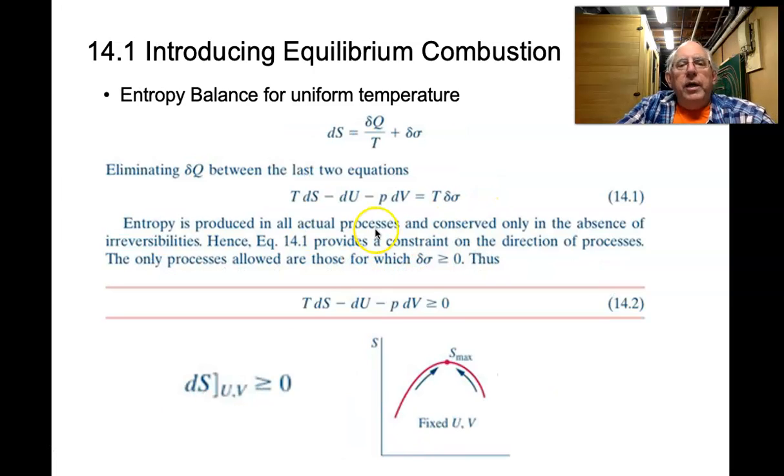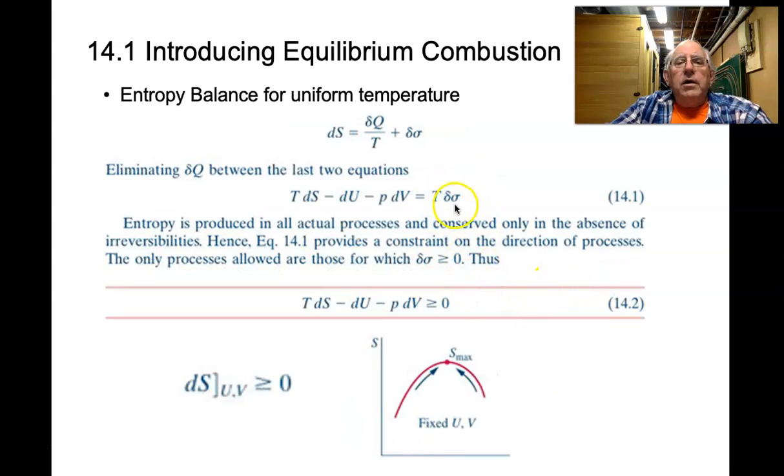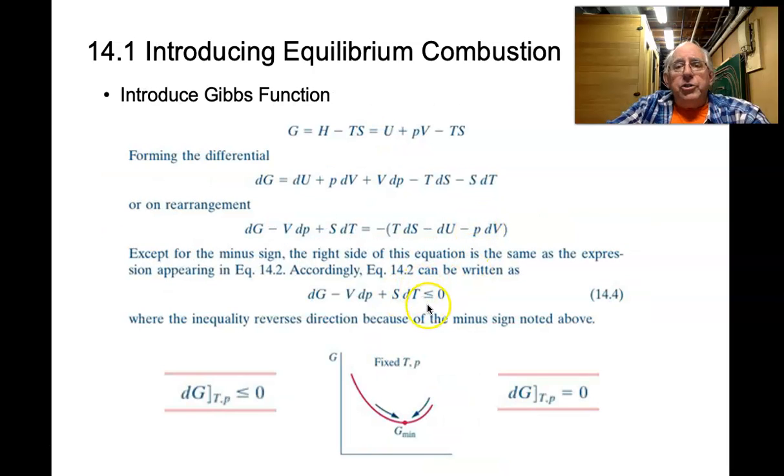And upon doing the similar relationship that we had with 14.2, we can show that this dG minus this term and plus this term is going to be less than or equal to 0, again because of the second law introducing the entropy generation term.